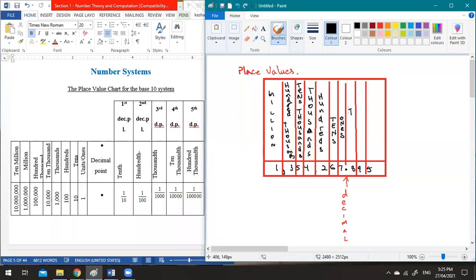Here now is tenths, and you have to put the THS.